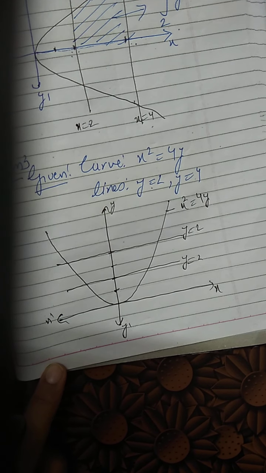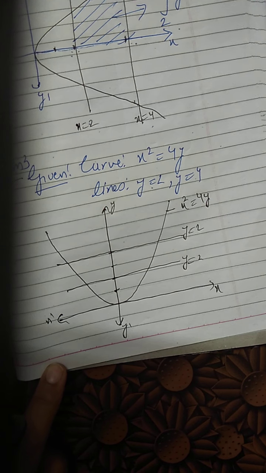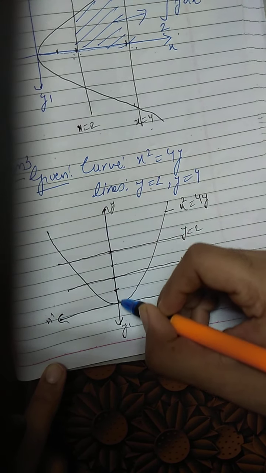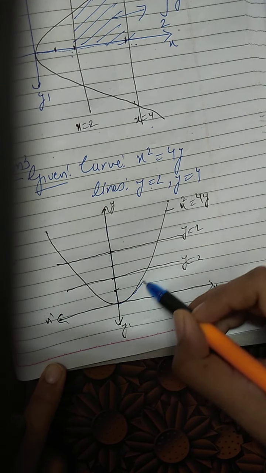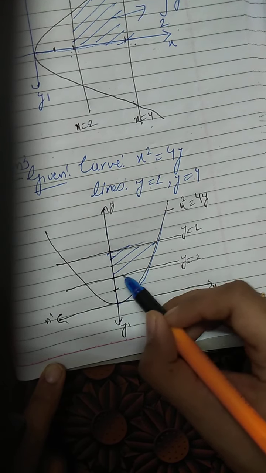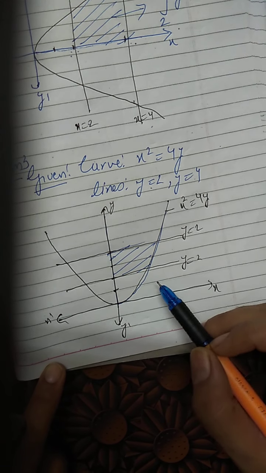The statement says we have to find the area bounded by y-axis in the first quadrant, bounded by the curve and the lines. It has to be bounded from all the sides.